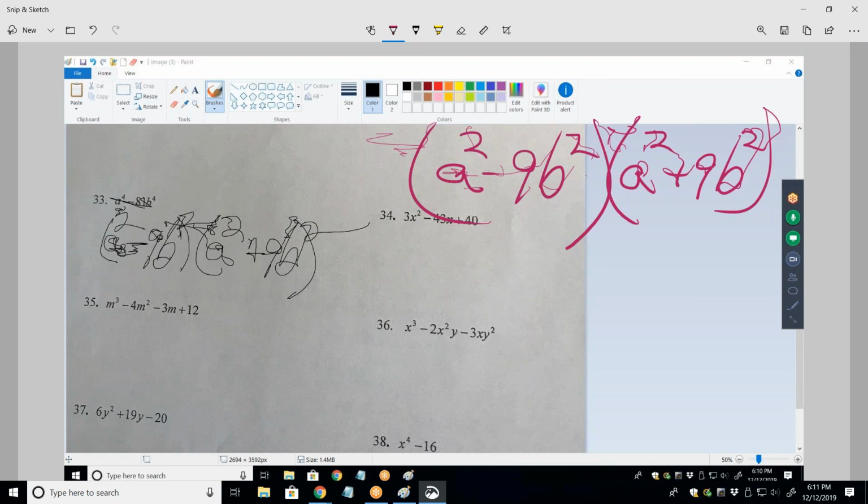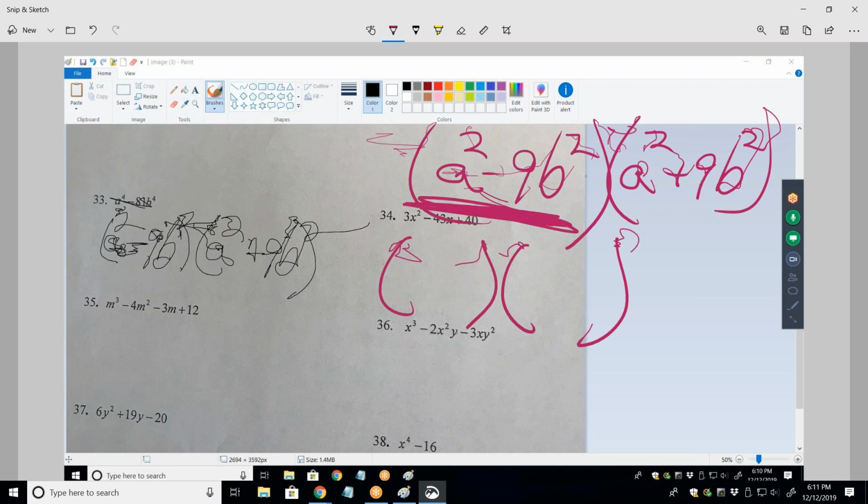Square is an even number, so there's no breaking that down. First term, however, is a squared minus 9b squared. What is that? Wait, what? This first term right here, yeah, that's also difference of perfect squares.